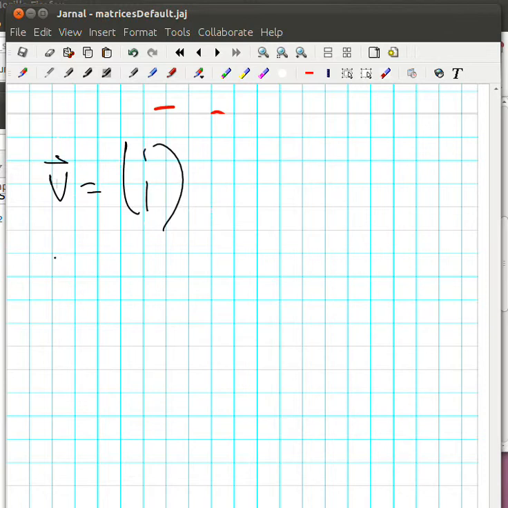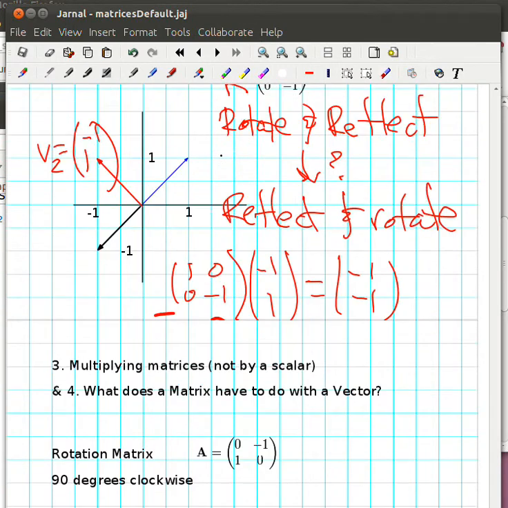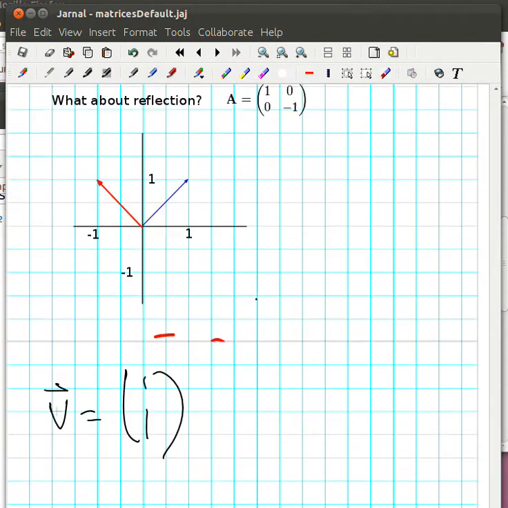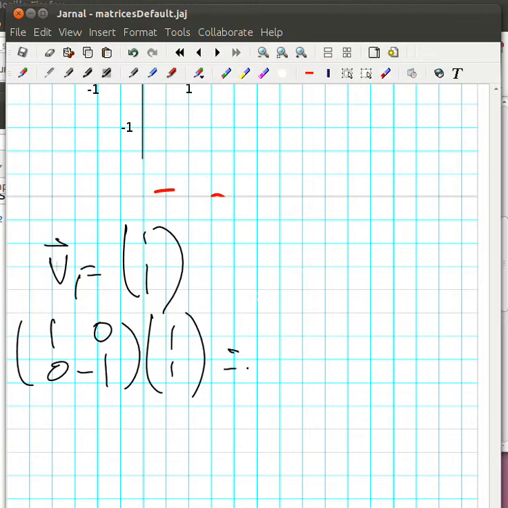So now we have this reflection matrix, 1, 0, 0, negative 1, multiply it by v, 1, 1, and that's going to equal 1, 0, 0, minus 1.